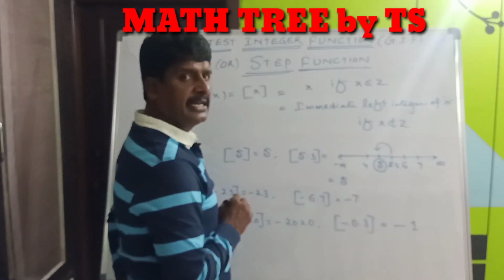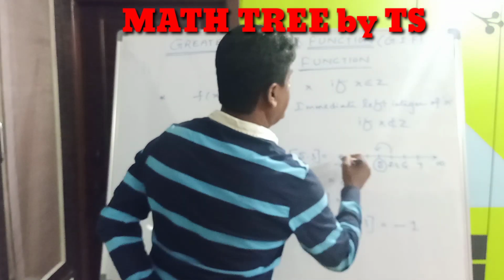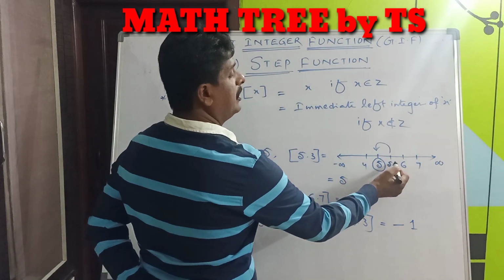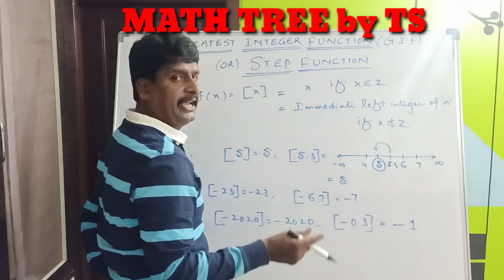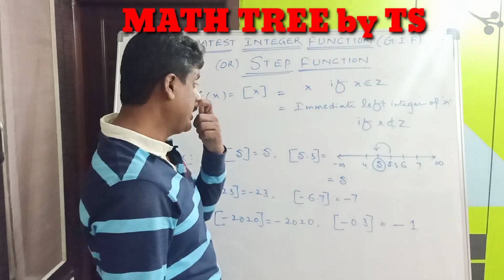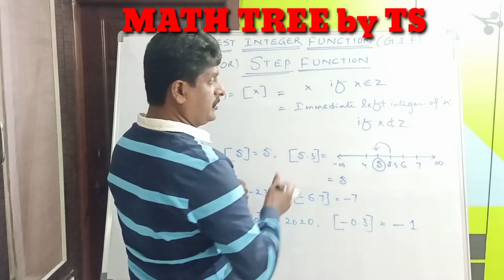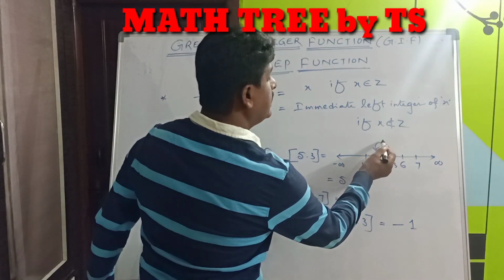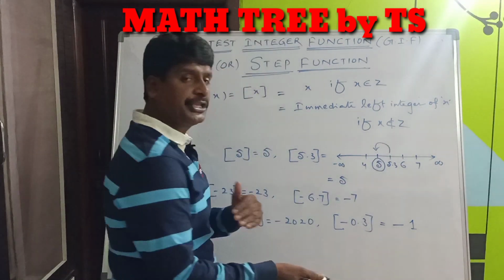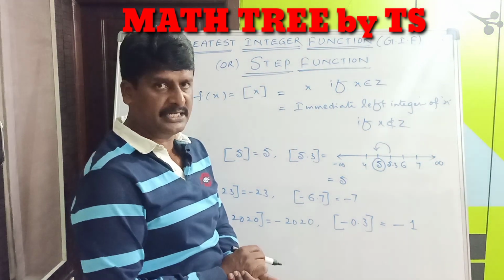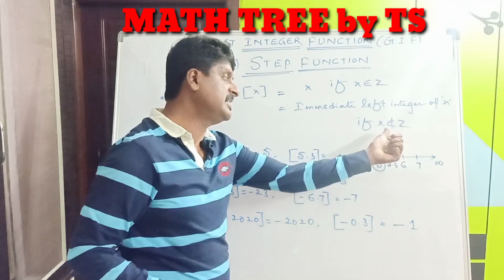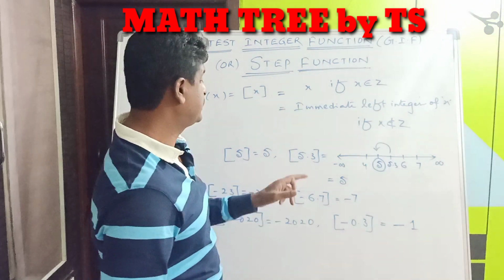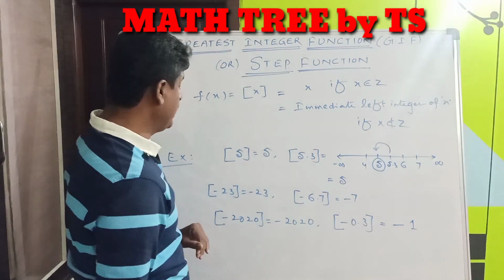On the real line, from minus infinity to plus infinity, somewhere here 4, 5, 6, 7, 5.3 lies between 5 and 6. Whenever x is not an integer, it is a real number, its answer is its immediate left integer. To the left side of 5.3 there are infinitely many integers, but among all those, its immediate left integer is 5. So step of 5.3 will come out as 5.